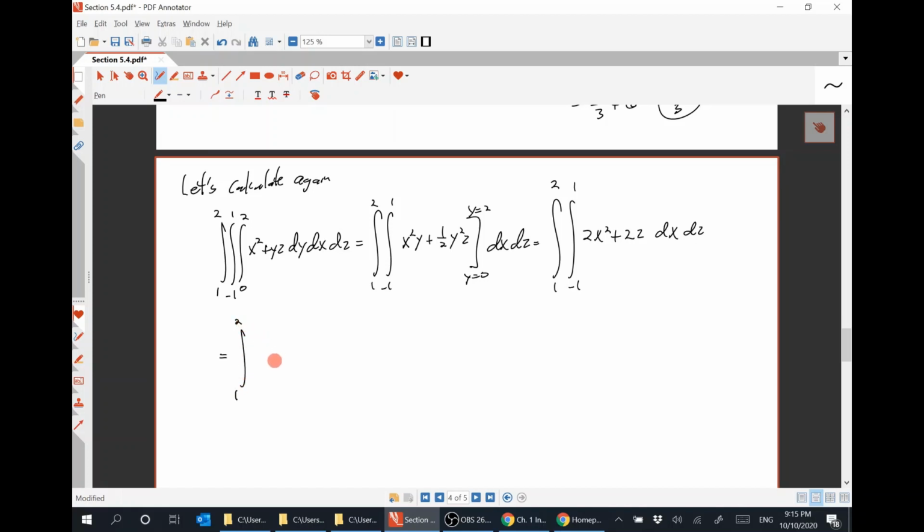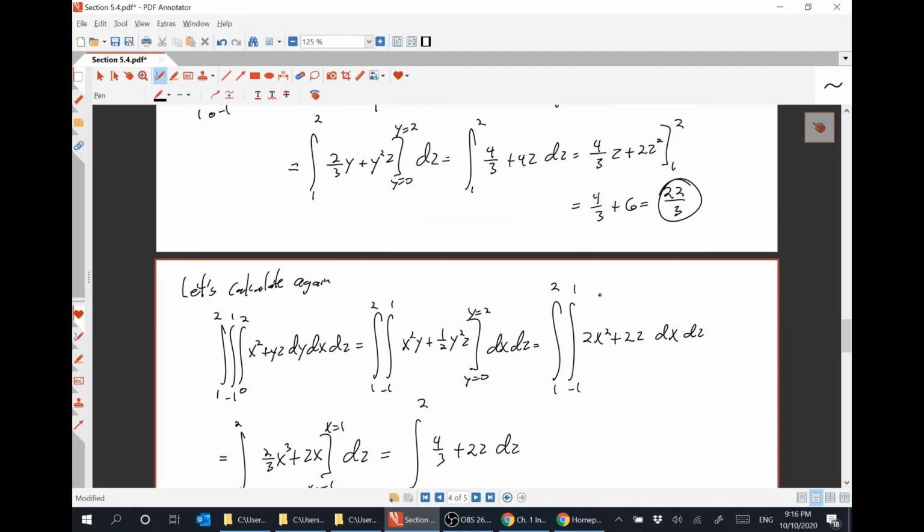Antiderivative with regard to x, that's going to be 2/3 x to the third plus zx from x equals -1 to x equals 1. So it's the integral from 1 to 2. So at 1 you get 2/3, at -1 you get -2/3, but we're subtracting them, so those get added. So you get 4/3 plus 2z dz.